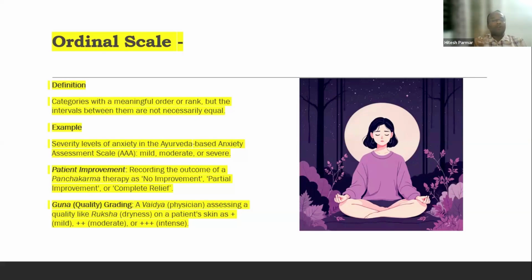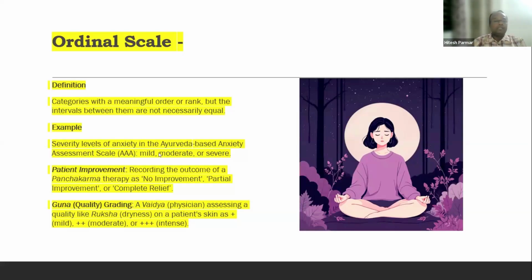We can't say that the difference between mild and moderate and severe is the same. So here it is the subjective nature. Yes, we can say severe is higher than moderate, but the relative difference between the two is not the same. So this is the limitation of ordinal data.